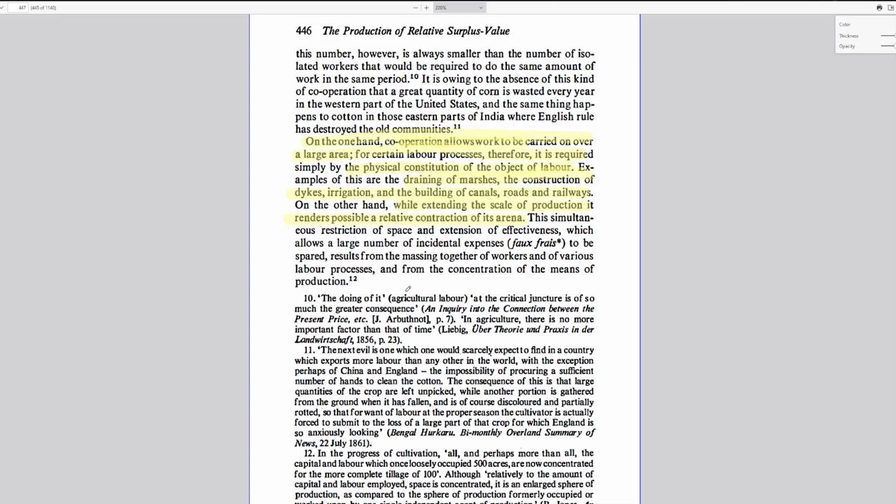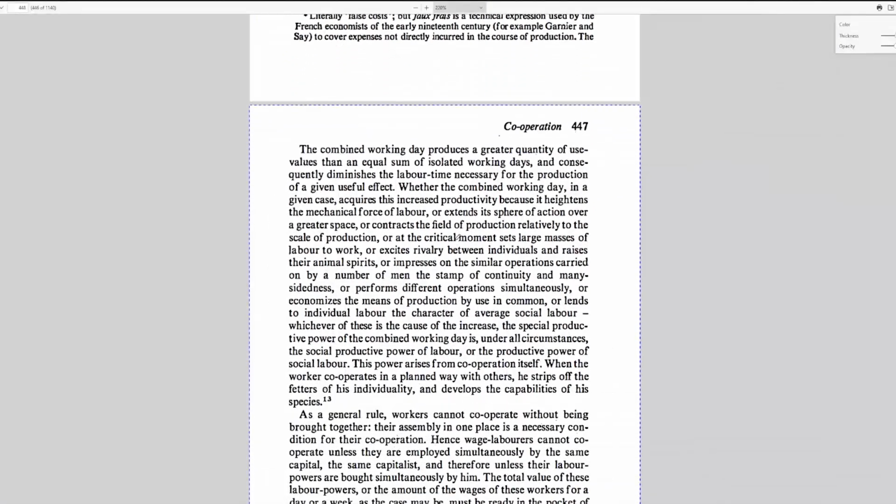He loves doing this, understanding how capital uses physical space itself to increase cooperation, increase efficiency of the labor process, and also extend its productive capacity.